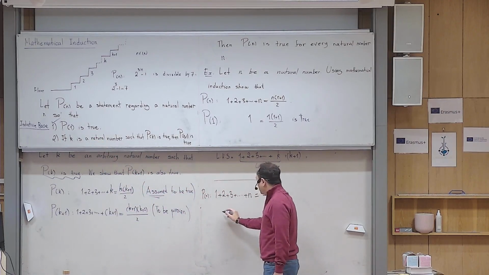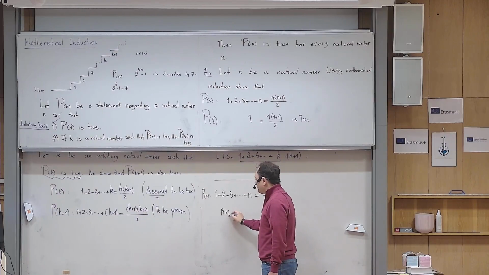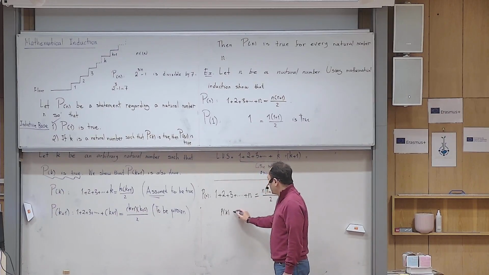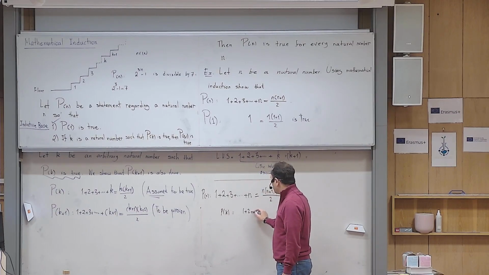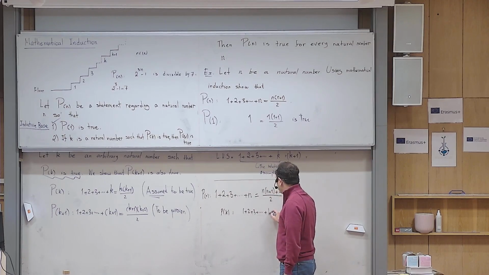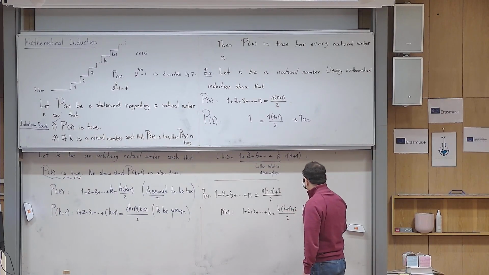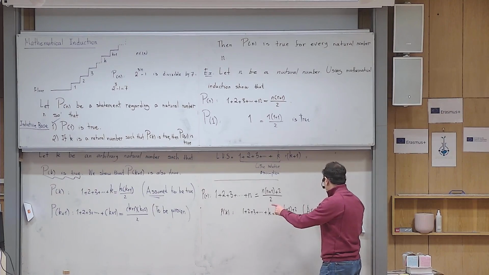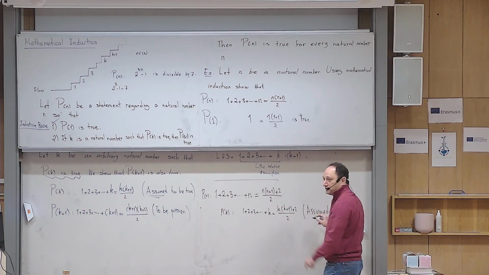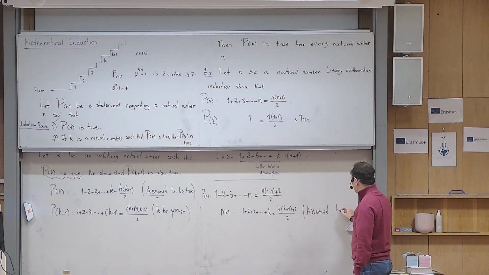This person assumes that P of k is true. So it assumes that 1 plus 2 plus 3 up to k is equal to k times k plus 1 divided by 2, assumed to be true. You see, this person is doing his job. He doesn't care about the first person.